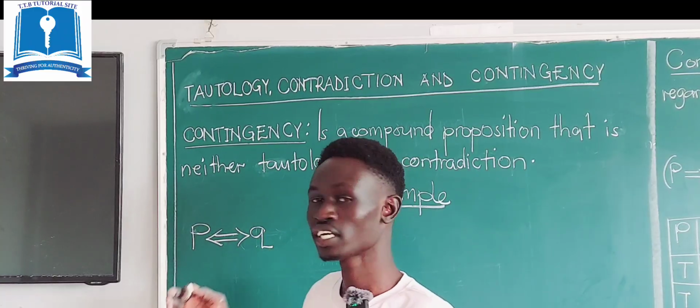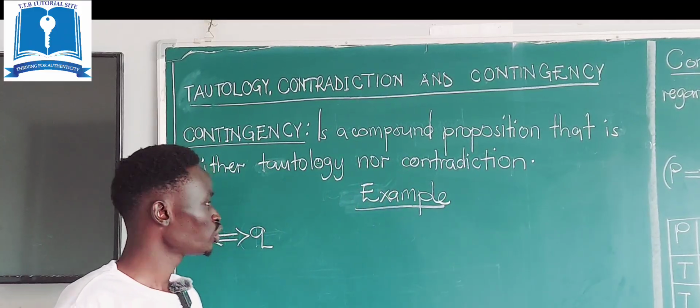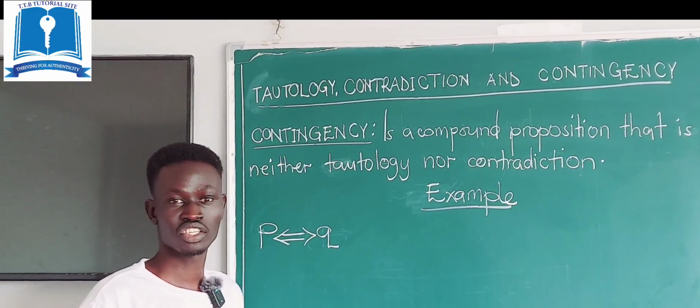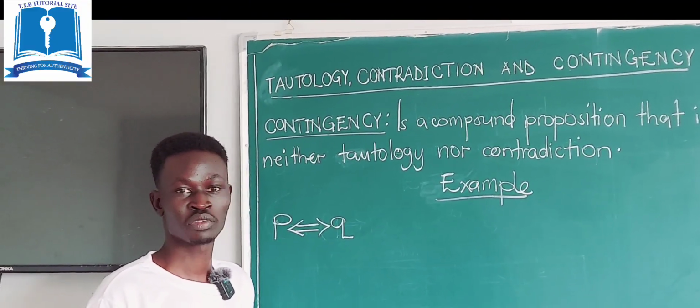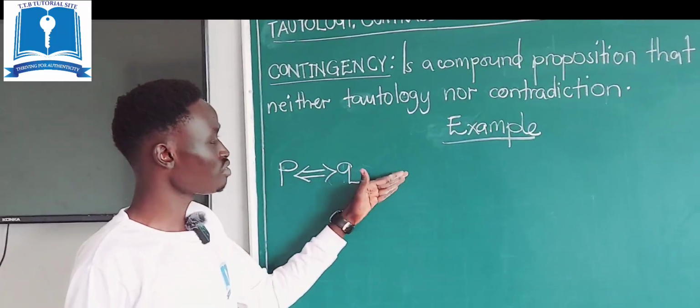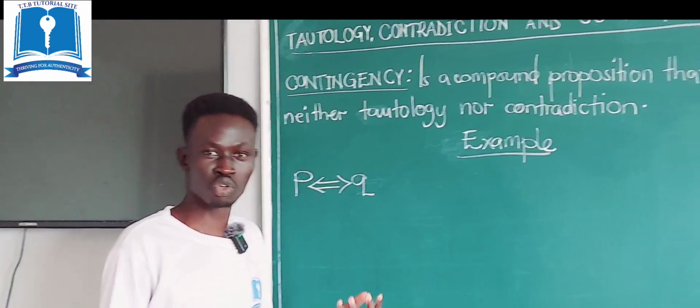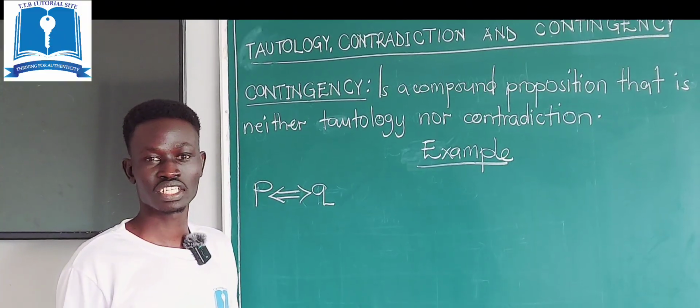But for this, it is mixed. You can have different truth values in a contingency. You can have false, true, false, true, true, true, false, like that.